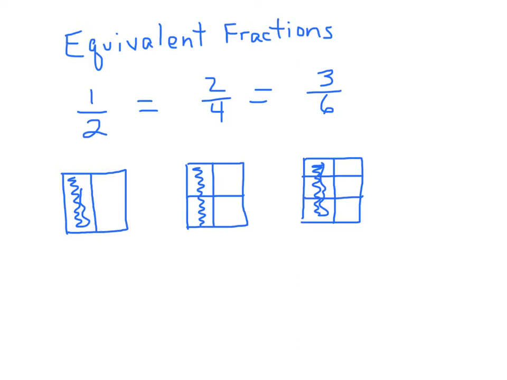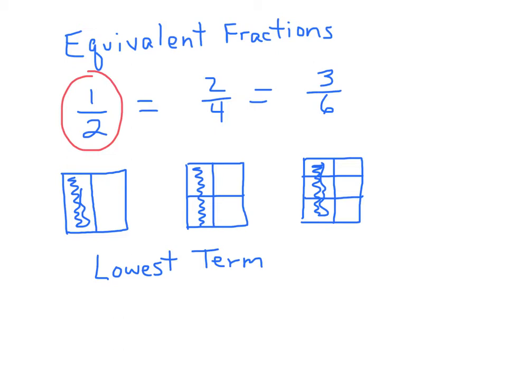Now, as far as this goes, there is another term that you've probably heard before, which is the lowest term fraction. Of these 3 fractions, the fraction that is in lowest terms is the 1/2. And the reason it's in lowest terms is because that particular way of writing that fraction is really the easiest way to think about it.